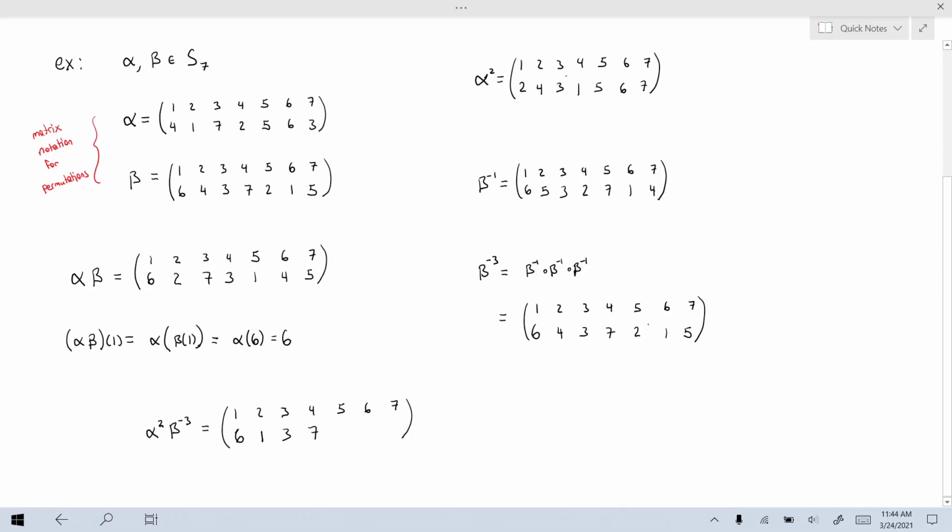So next, beta to the -3 maps 5 to 2, and alpha squared maps that 2 to 4. Next, beta to the -3 maps 6 to 1, and then alpha squared takes that 1 and maps it to 2.